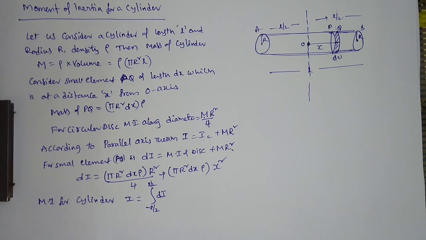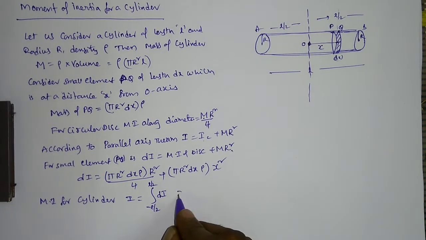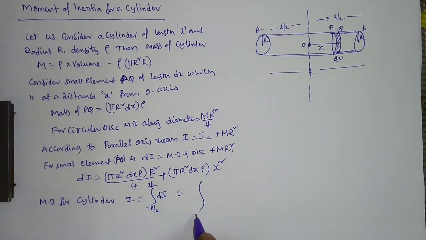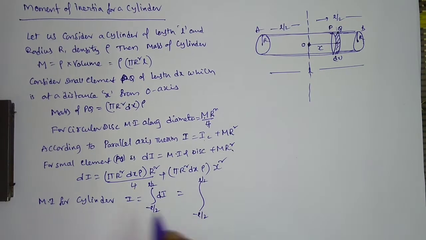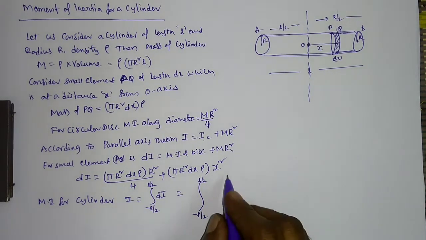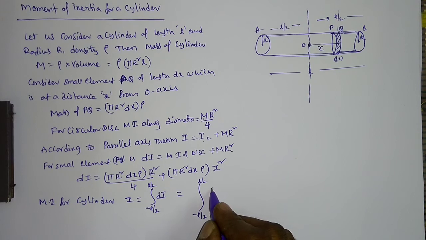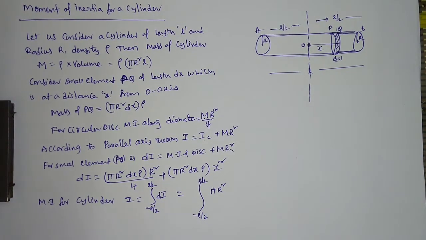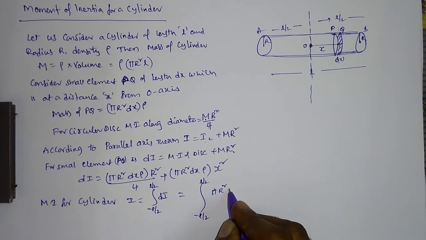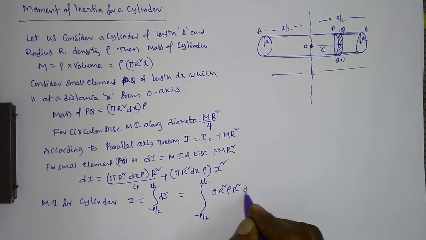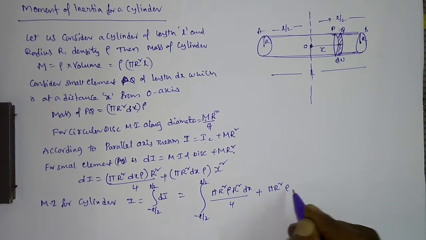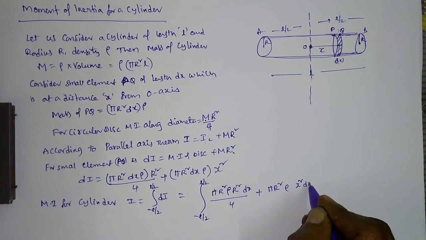Now substituting the values: integration from minus L by 2 to L by 2 of pi r square rho r square dx by 4 plus pi r square rho x square dx.